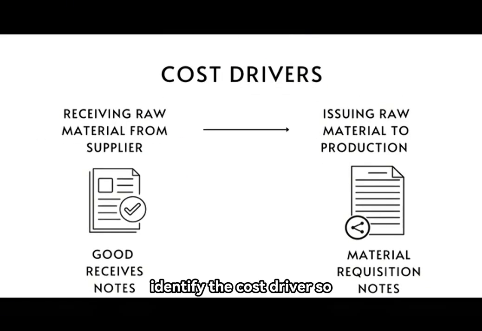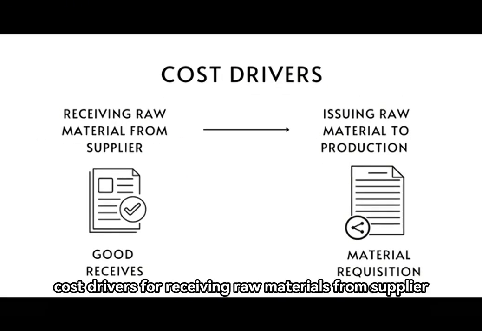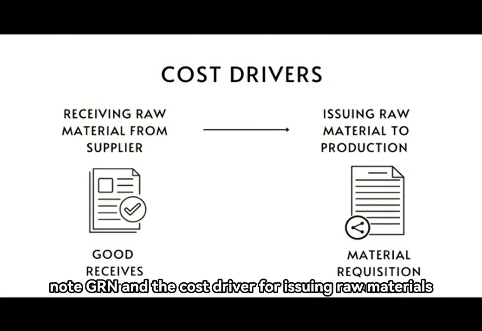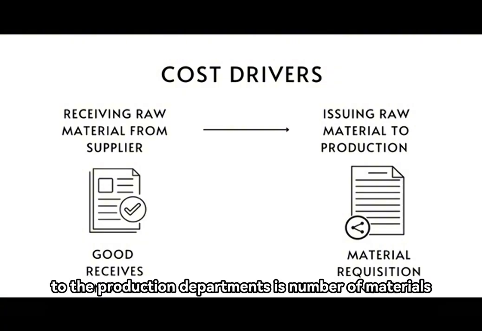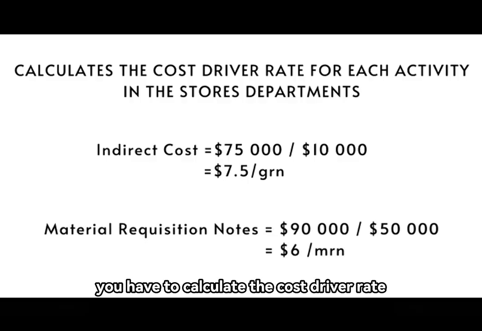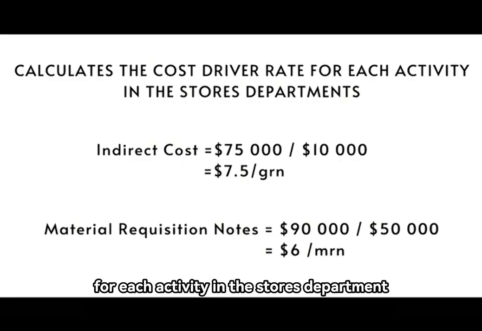Next, identify the cost driver. The cost driver for receiving raw materials from suppliers is the number of goods received notes, GRN, and the cost driver for issuing raw materials to the production departments is the number of materials requisition notes, MR. After that, you have to calculate the cost driver rate for each activity in the stores department.